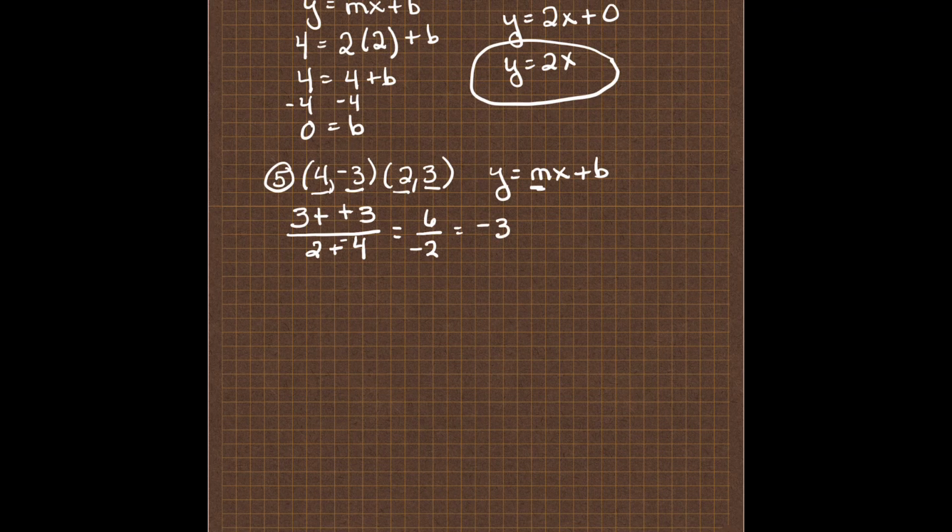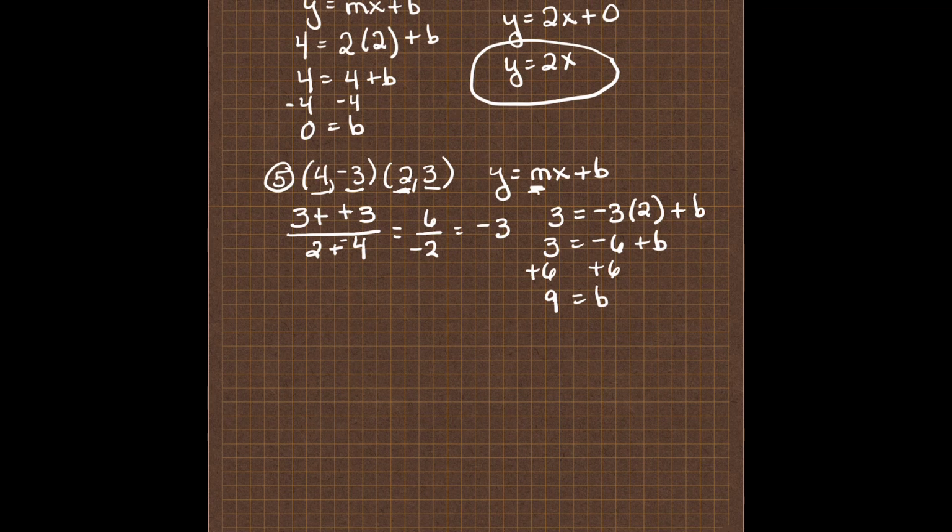Okay, now I have more information than I need. I can use either of these 2 points, and I will get the same answer. So I'm going to pick a y. In this case, I'm going to use 3 equals m is slope, and then I need the x that went with my y. That's 2 plus b. I'm solving for 3 equals negative 6 plus b. I'm going to add 6 and get 9 equals b.